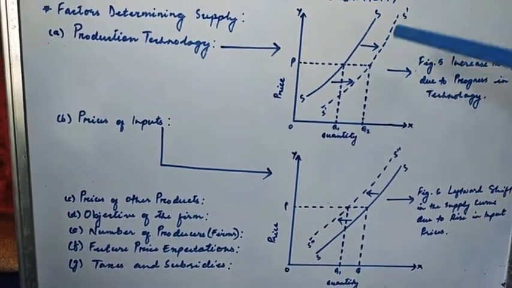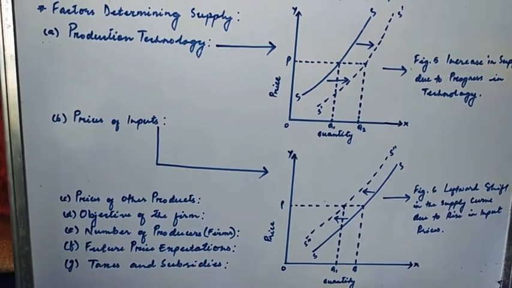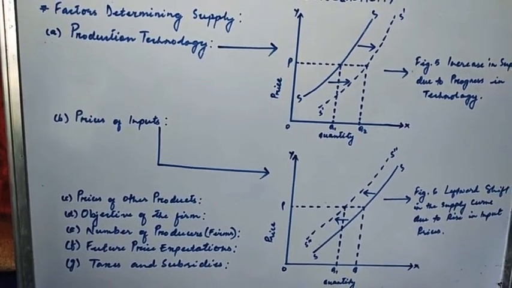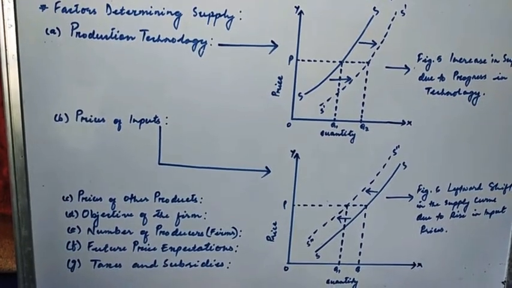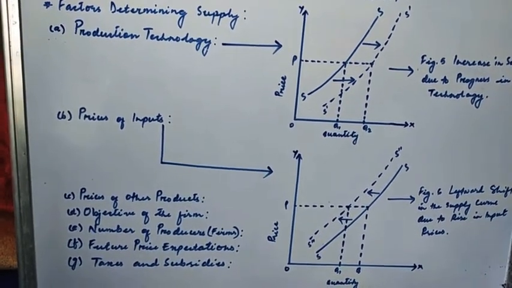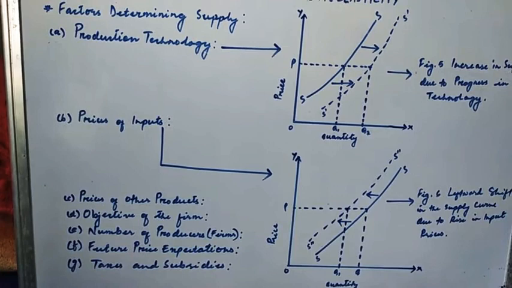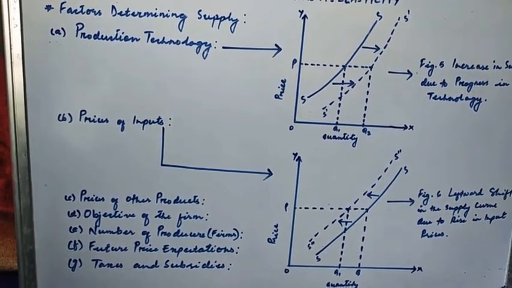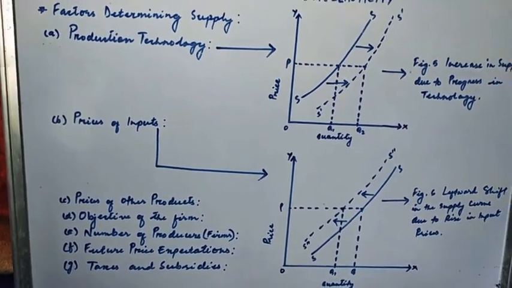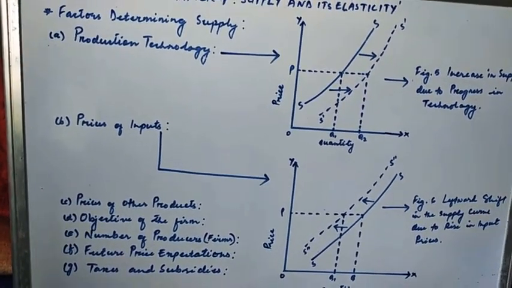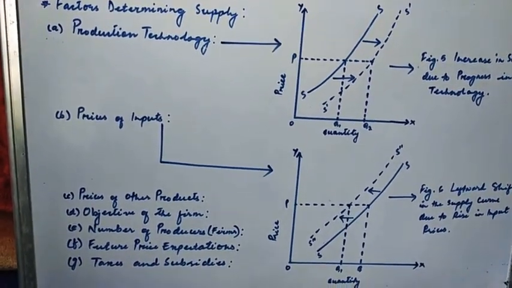Shift in the supply curve is caused by other factors rather than prices, such as change in technology and price of the inputs, etc. So all those will determine the shift in the supply curve, and movement along the supply curve is caused by the price.